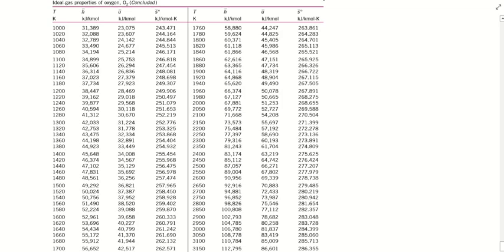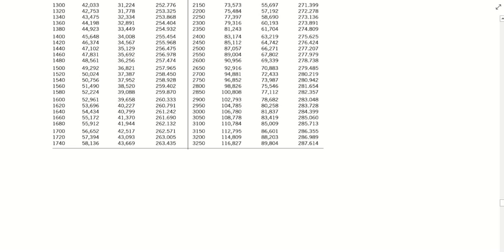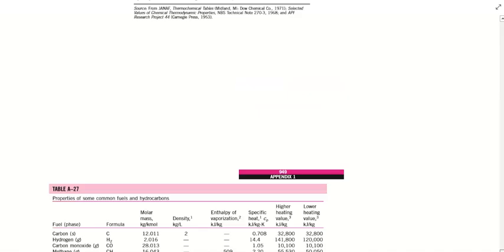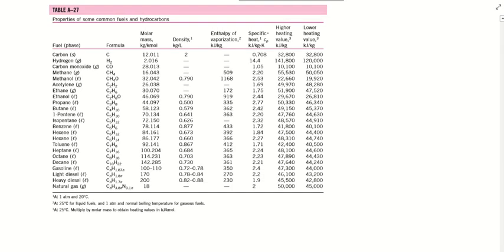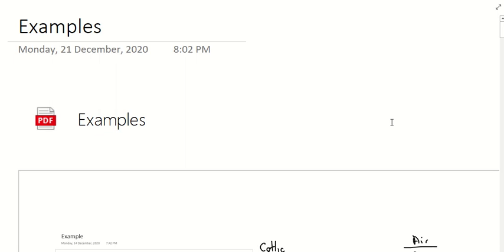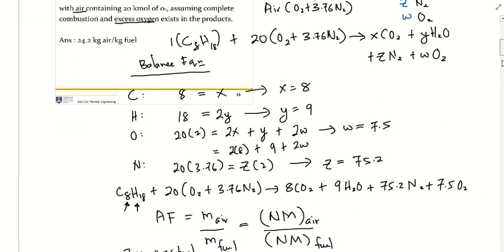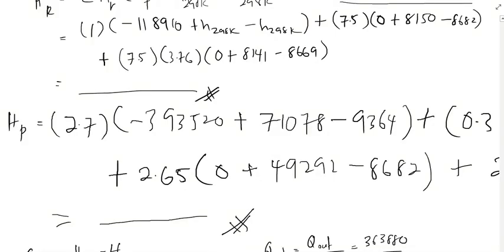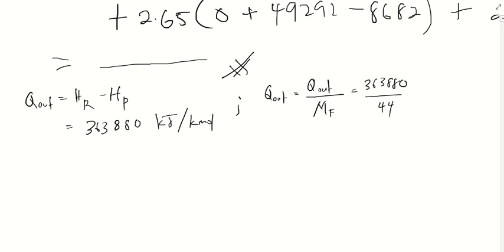Go to the table A27. For propane it is 44. So from there you get 8270 kilojoule per kilogram.